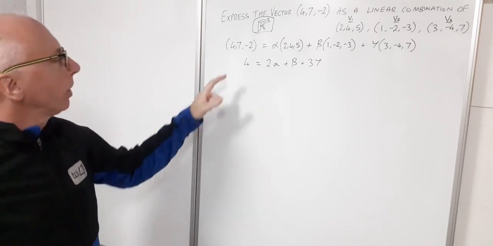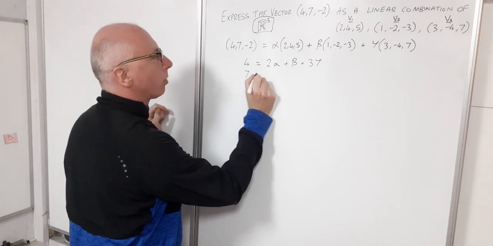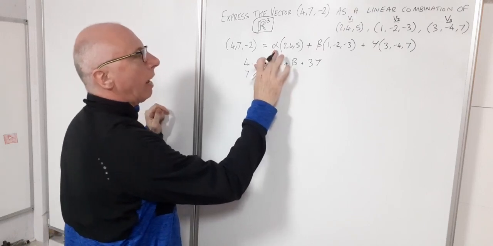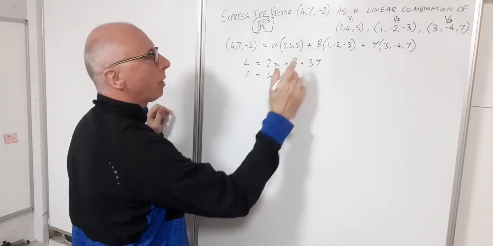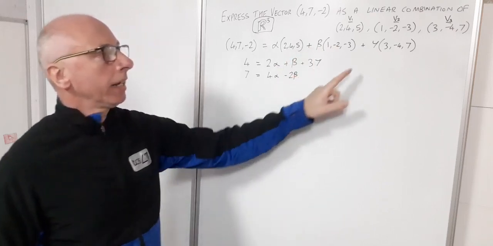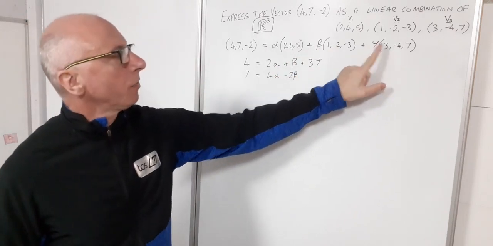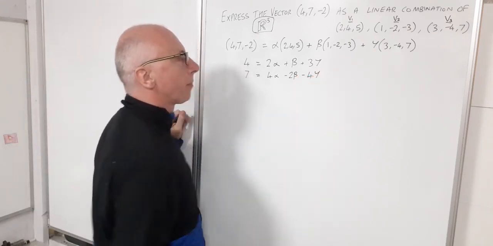Now the y coordinate is 7. So that would equal alpha times 4, so 4 alpha, beta times minus 2, so minus 2 beta, and here I've got minus 4 gamma.